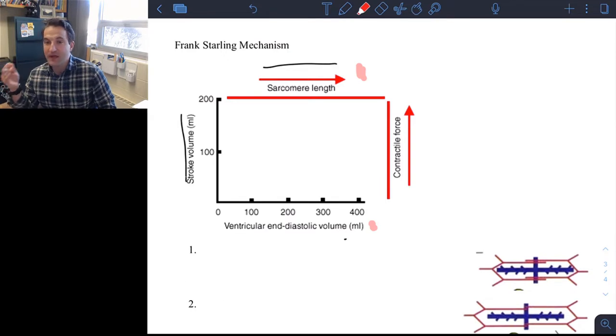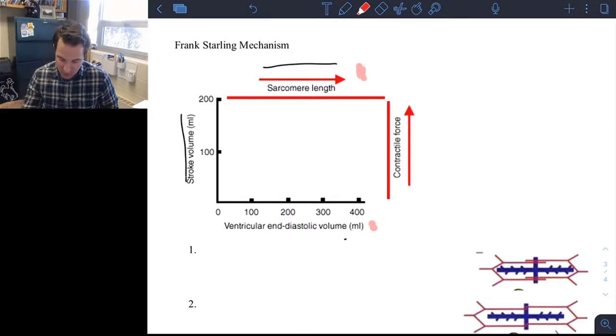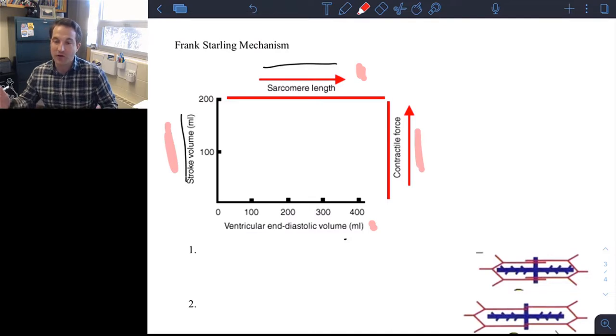And it's proportional. Now, the same thing with stroke volume and contractile force. As stroke volume goes up, in order to get that stroke volume to go up, that contractile force has to be greater. All right? So once again, those two things can be synonyms as well.